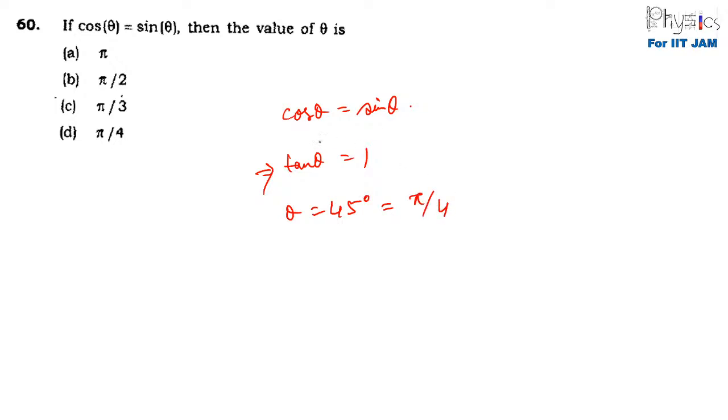We know that cos theta equals sin theta only if theta is pi by 4, that is 45 degree, where the values of cos theta and sin theta are equal, that is 1 by root 2, right? So this is option D, pi by 4. Yes, Pooja, Shagoto, your answers are correct. Option D. So let's go to the next problem.